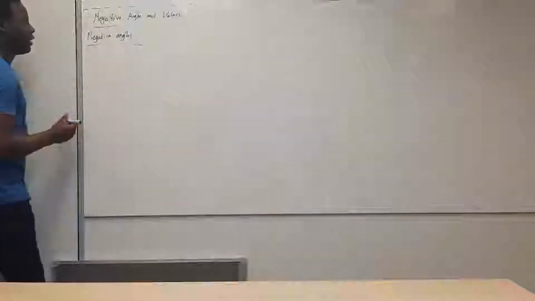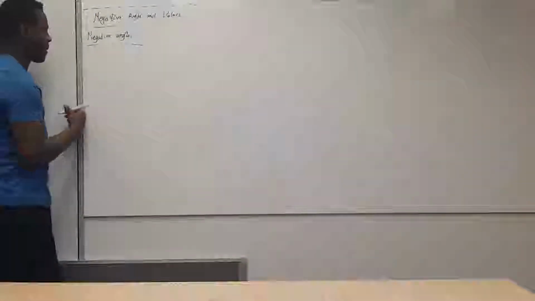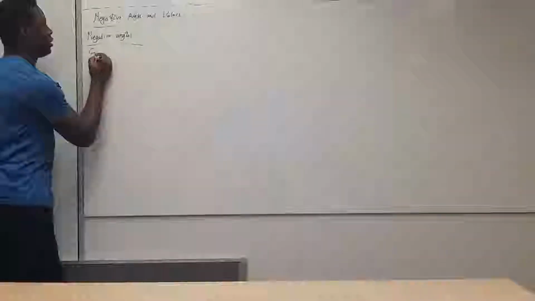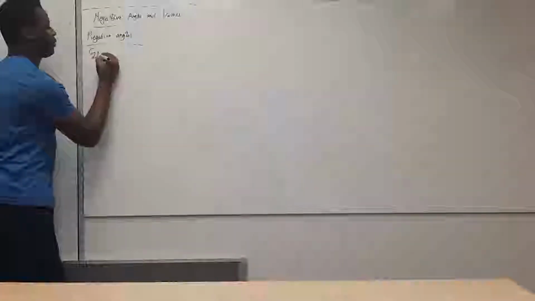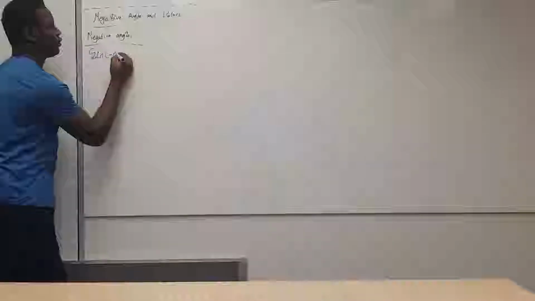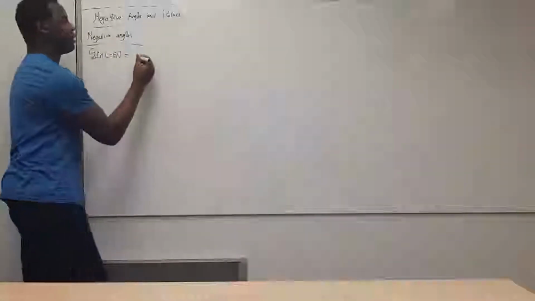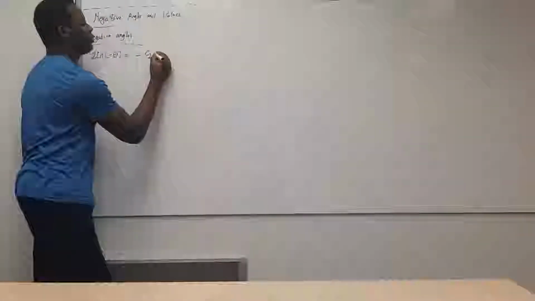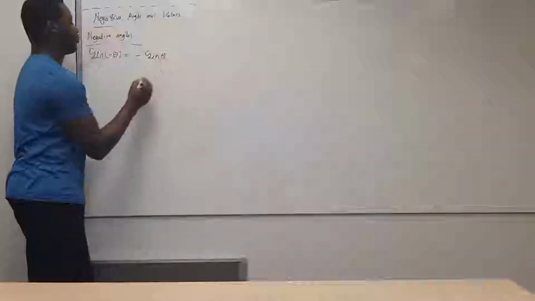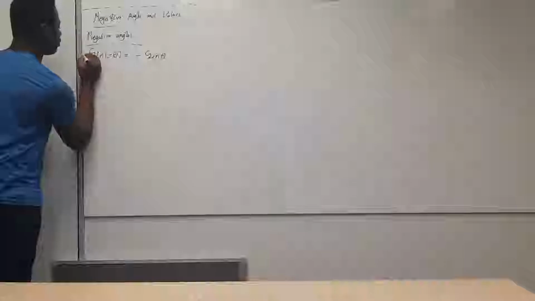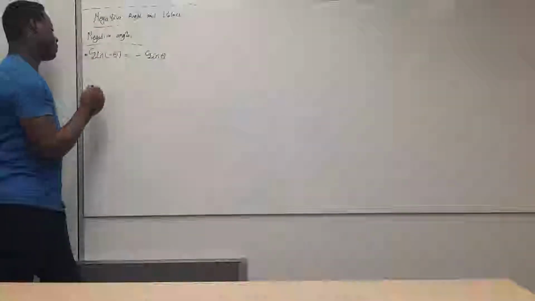We said that if we have sine for any negative angle, it's going to be equal to negative sine of the angle. So this is just to brush up on what I did last time.